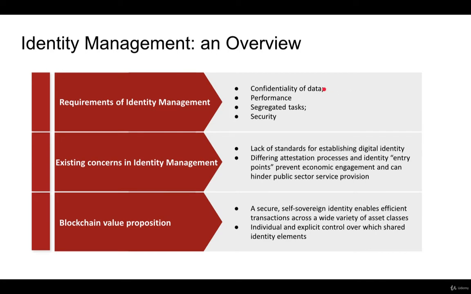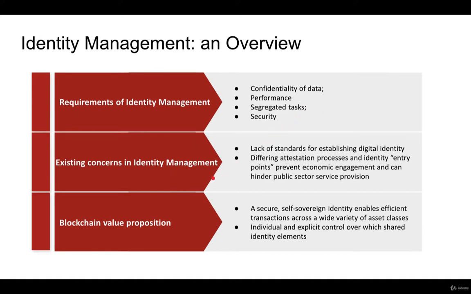So with the help of identity management, independent tasks can be carried out and the resources can be allocated accordingly, and the confidentiality also can be maintained. Also, the topmost important thing is providing a security measure against data breach or even replacement of data. So it's important that we understand the requirements of identity management and how blockchain can fulfill those requirements in terms of confidentiality, performance, segregation of tasks, and security.